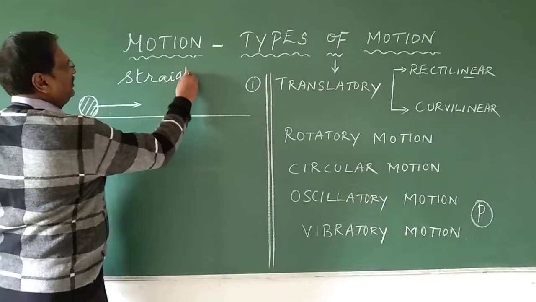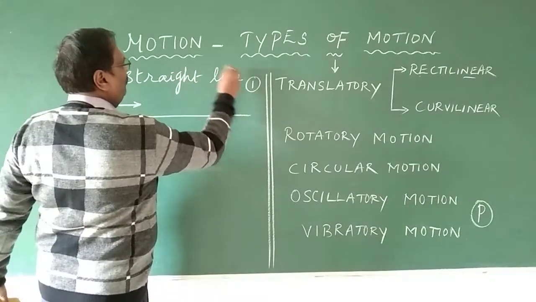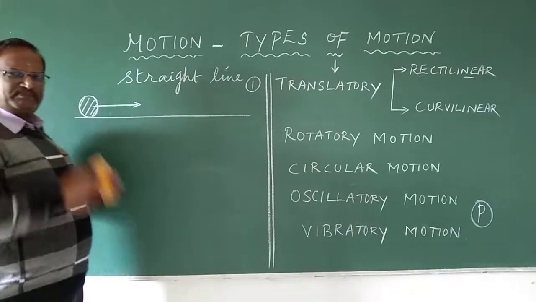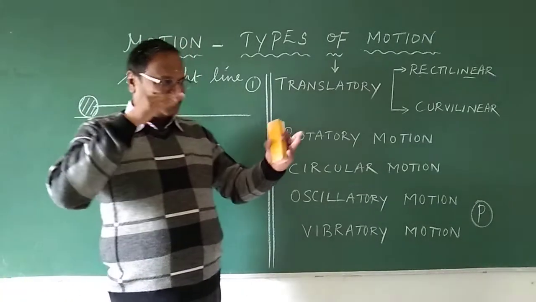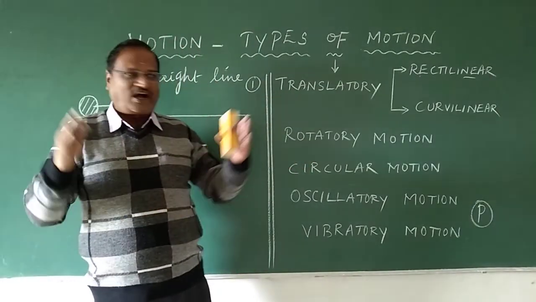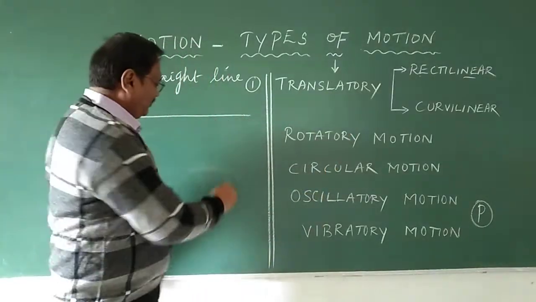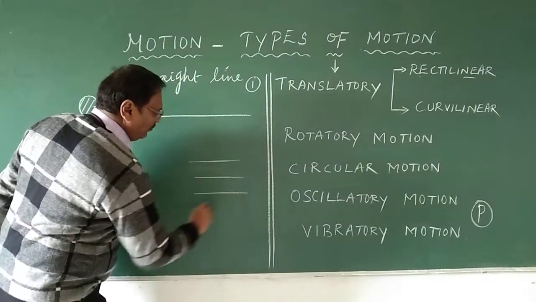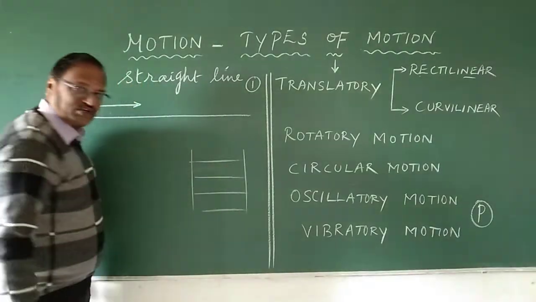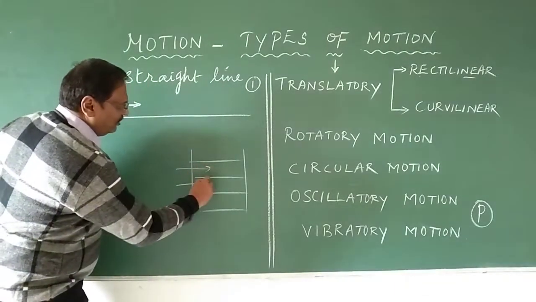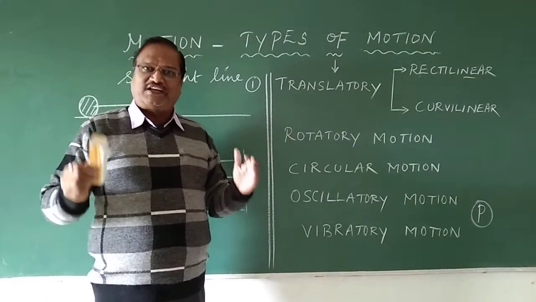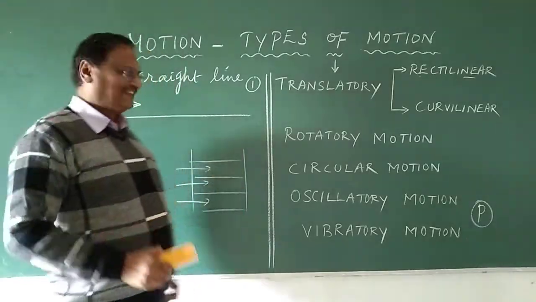For example, a car going on a straight road. You know a 100-meter track where the athletes are running, all the tracks are straight lines, and 100 meter is the distance. So all are moving in rectilinear motion, straight line motion.